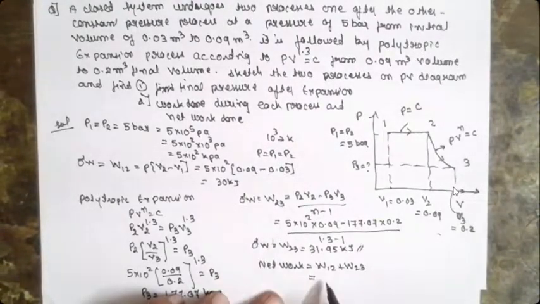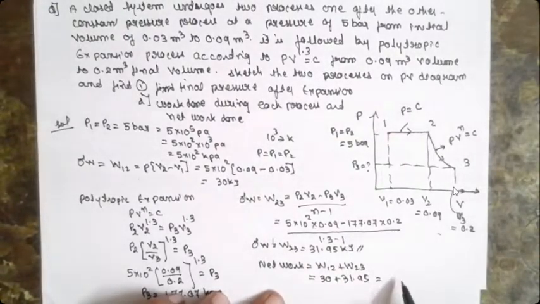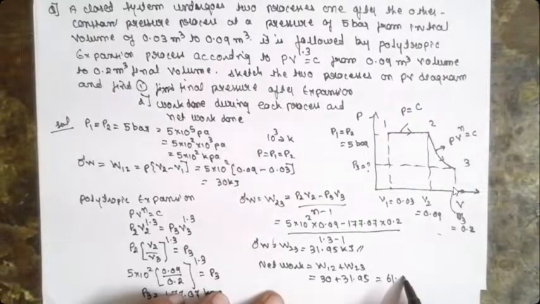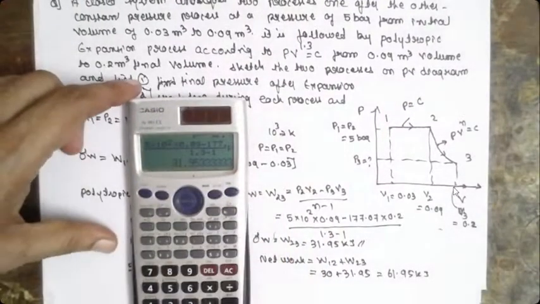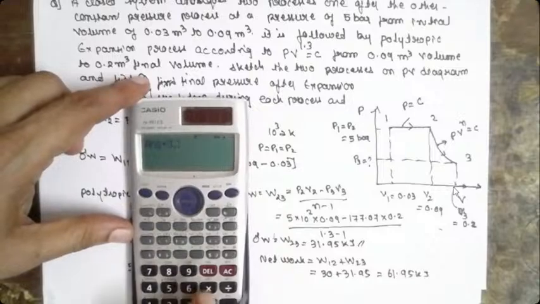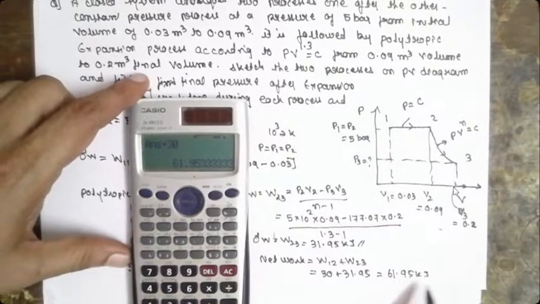W12 is 30 plus 31.95. Answer is 61.95 kilojoule.